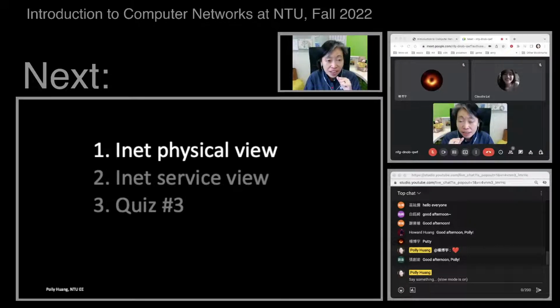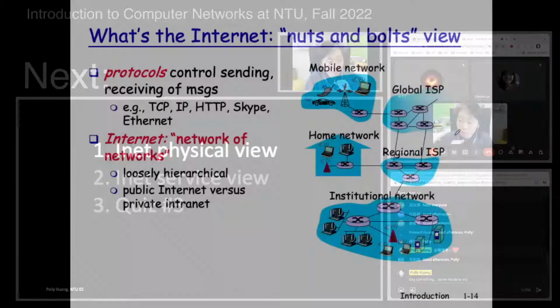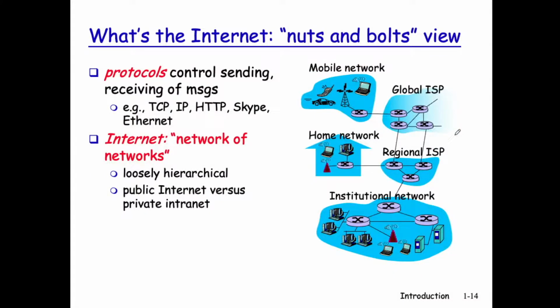Now, the next video is also brief, to summarize the physical internet. Those cover all the components that compose this very coarse-grained internet. But on top of the physical structure, there are also rules controlling the sending and receiving of data, such as TCP.